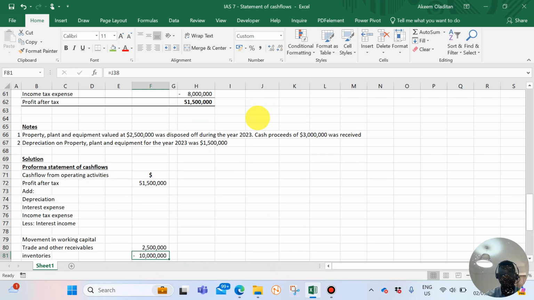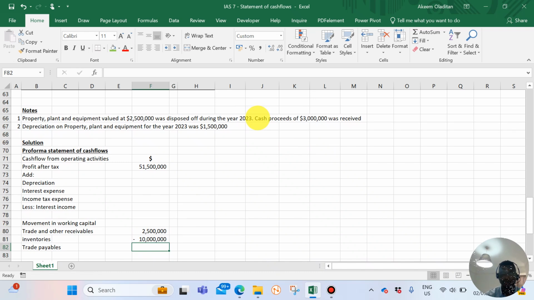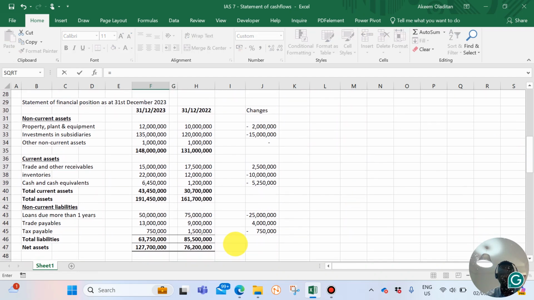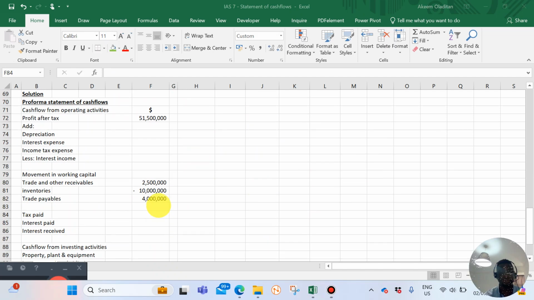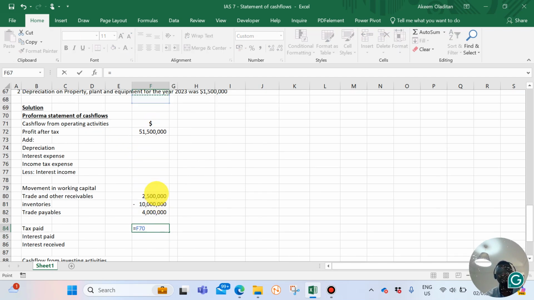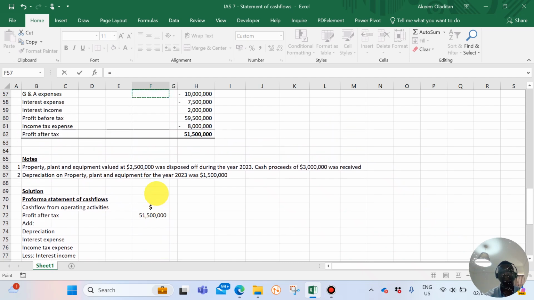Inventory. I'll put it down. Trade payables. I'll look for trade payables. Yeah, this is trade payables here. So I won't do anything on the interest paid for now, but tax paid, because it's also part of the movement that I have. Anything that we have movement for in the balance sheet has to come here.